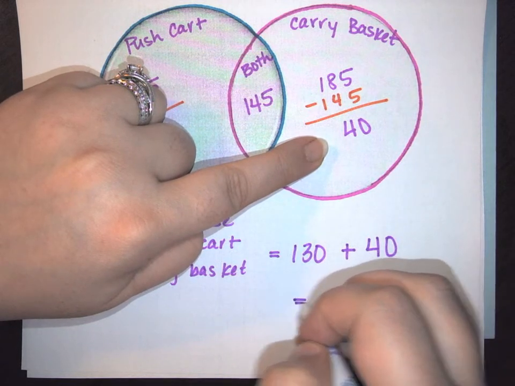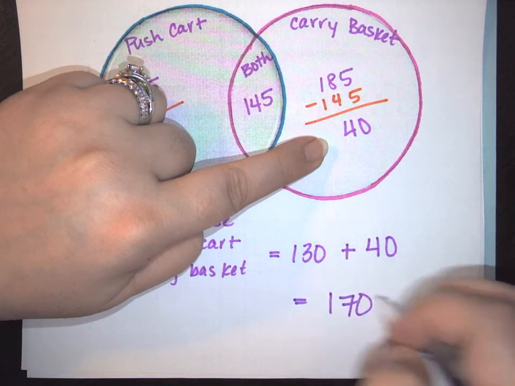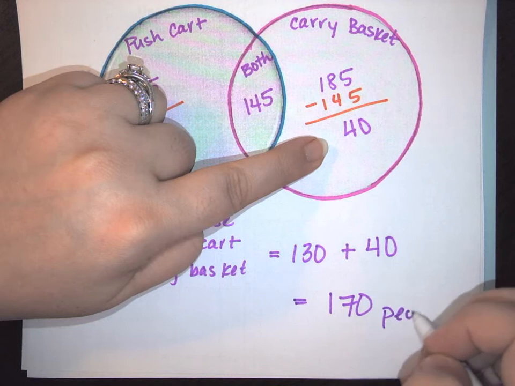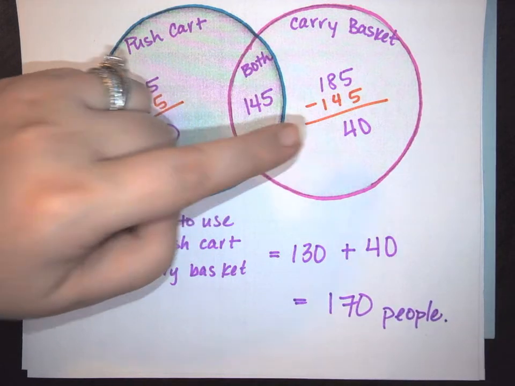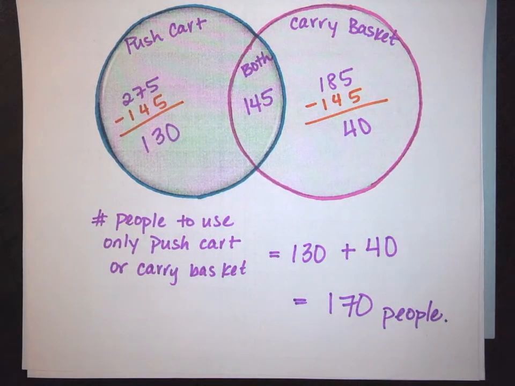So my answer here would be 170 people. So we used a Venn diagram in order to figure out the answer to my problem.